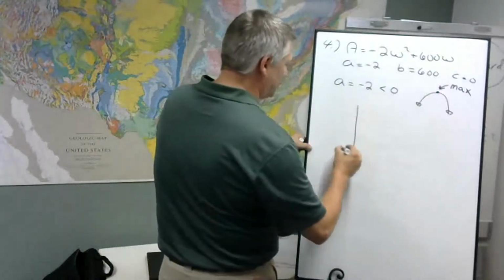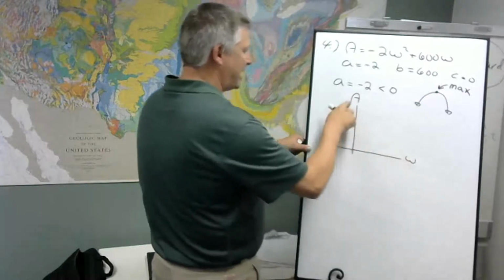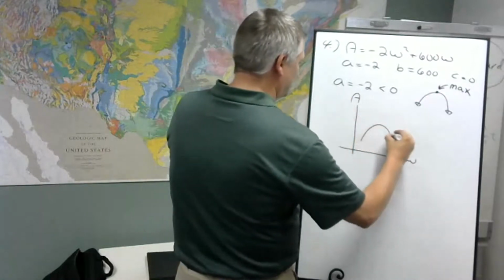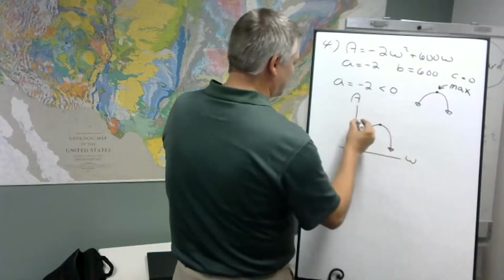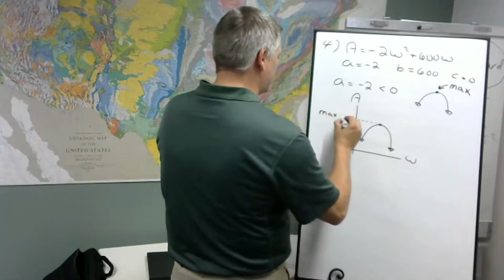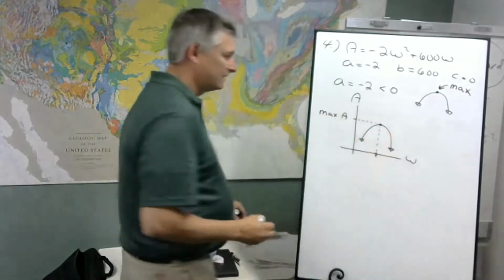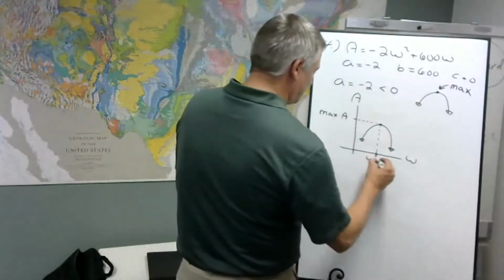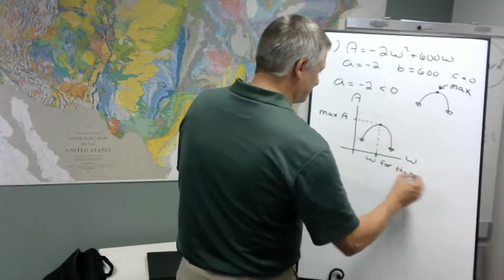So if we were to graph this function, input, output, it's doing something like this. This vertex is the maximum area. And this here, this is the width for that max.